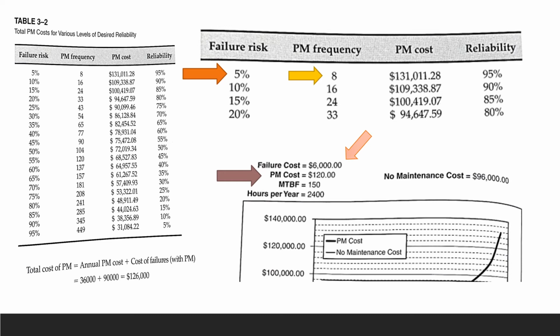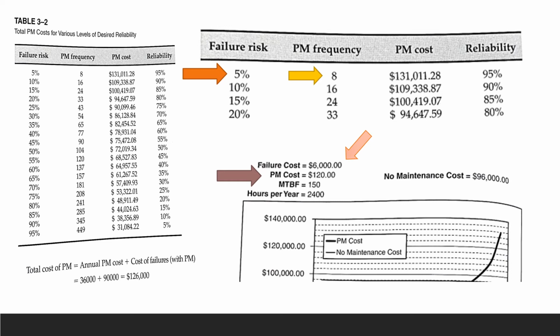And this is a computer generated calculation for you. So here the total cost of preventive maintenance is equal to the annual preventive maintenance cost of 36,000, and the cost of failure, from the previous slide, is 90,000.